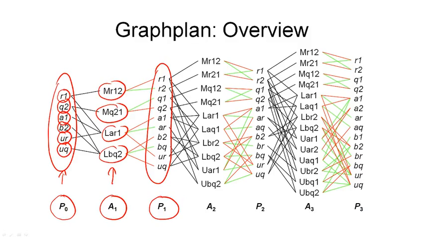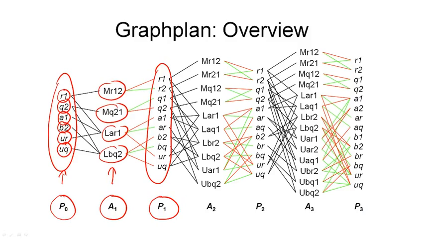When we look at the detail of the algorithm, we will see that there are actually a few more action nodes in the action layer representing no operations, which were introduced to carry propositions forward from one proposition layer to the next.